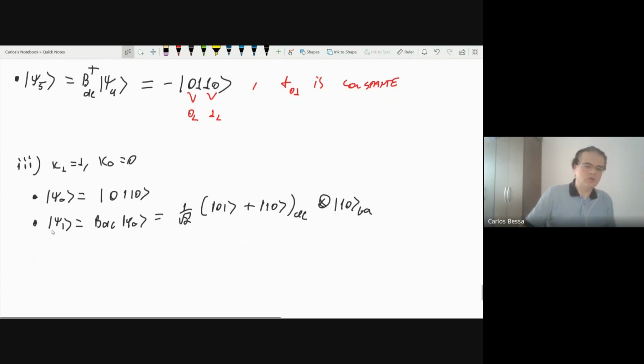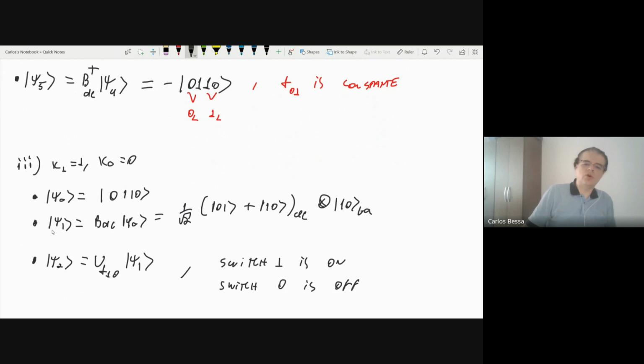And now, in psi 2, UF 1, 0 applied to psi 1, switch 1 is on, and switch 0 is off.